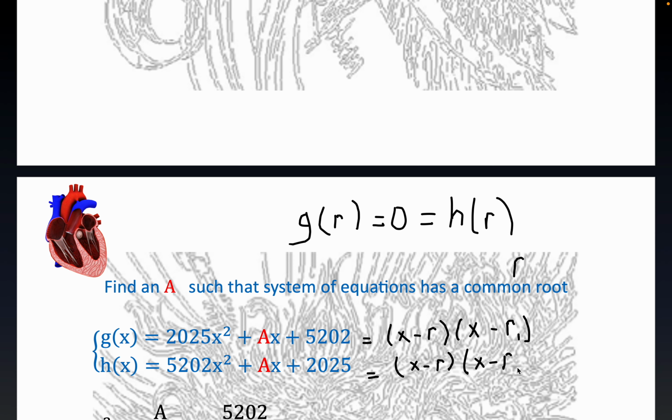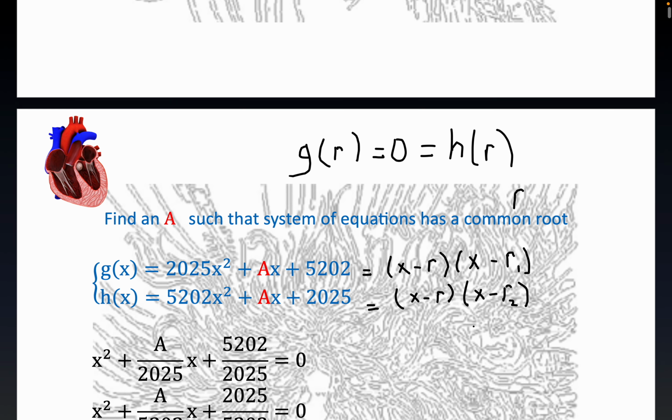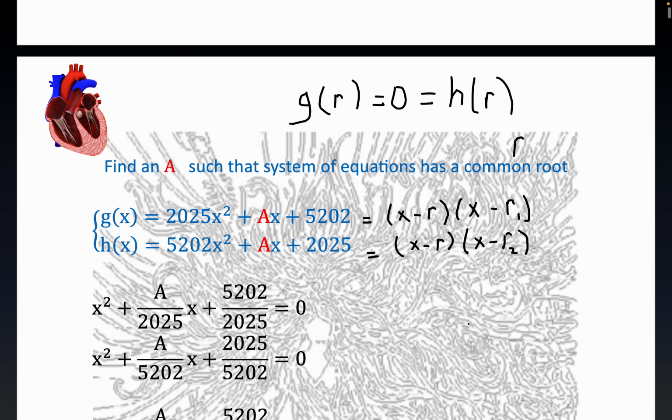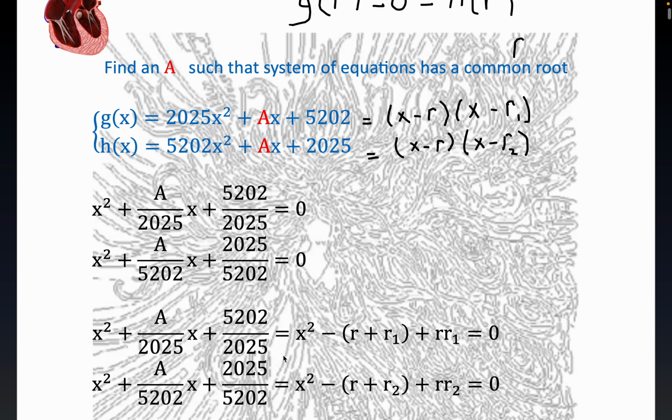Now again, the r's aren't necessarily distinct. They have different names, but that doesn't mean they're distinct. That's important because when you expand this out, we're considering each of the elements in the system to be equal to 0, because we are interested in common roots and roots in general. What I've done right here is just some manipulations: you divide through by the leading coefficient in both cases to get this system.